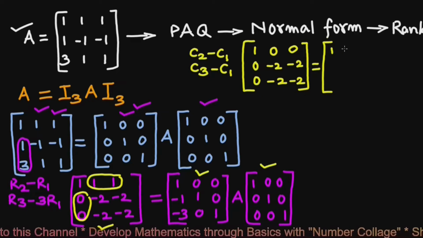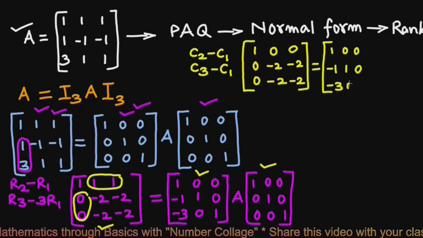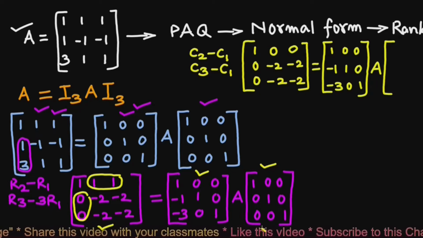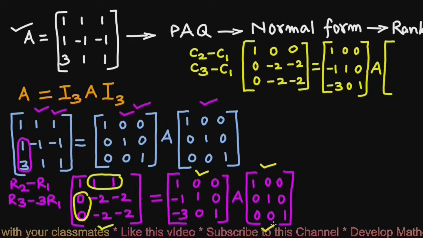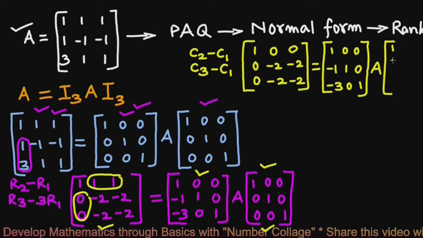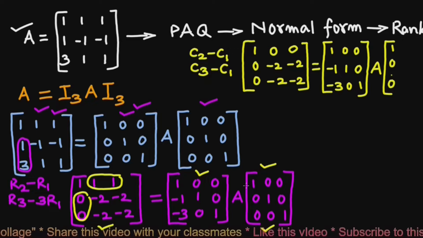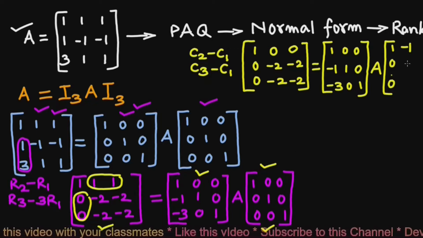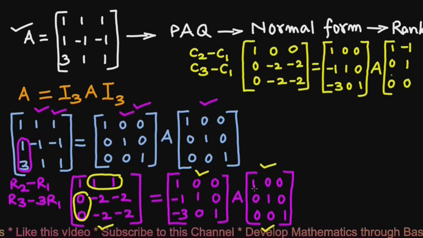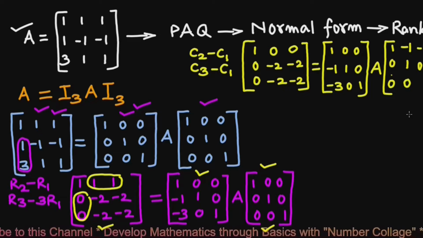So we write [1 0 0; -1 1 0; -3 0 1]. Then we write A and after that we perform column transformation on this postfactor of A. The first column will remain as it is, 1, 0, 0. C2 - C1 will make the second column 0-1=-1, 1-0=1, 0-0=0. C3 - C1 will make 0-1=-1, 0-0=0 and 1-0=1.